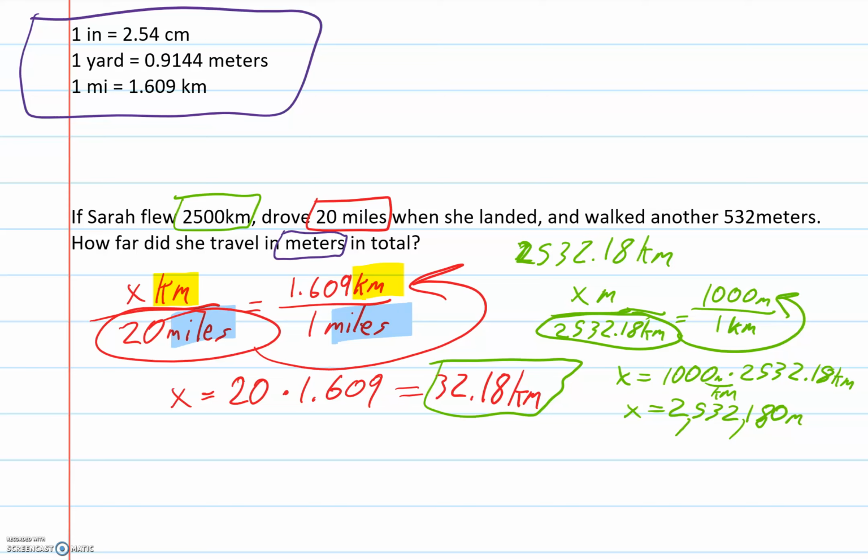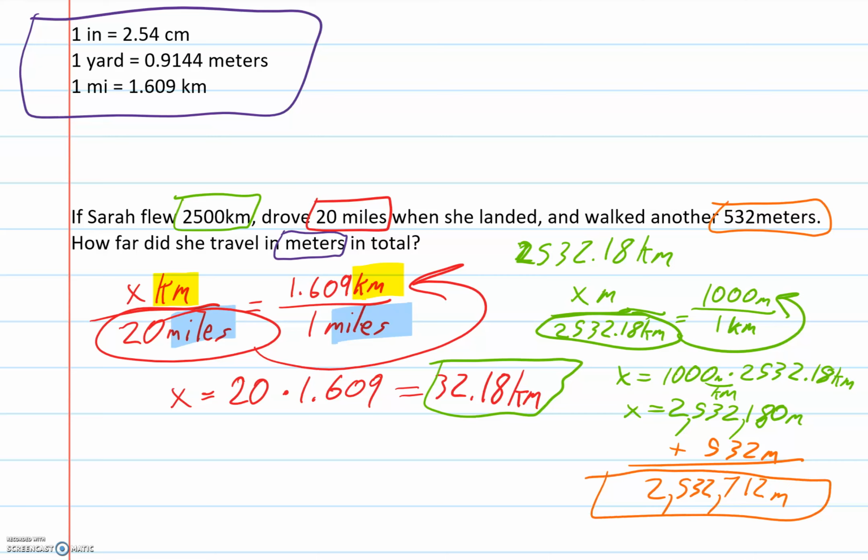Now we add our final number of meters walked, which is right over here. So we add 532 meters, and finally we get 2,532,712 meters total.